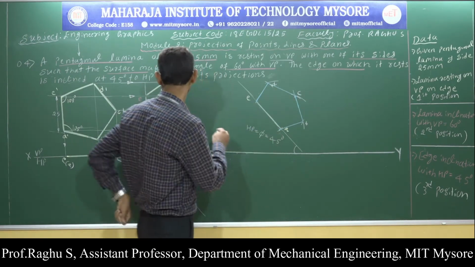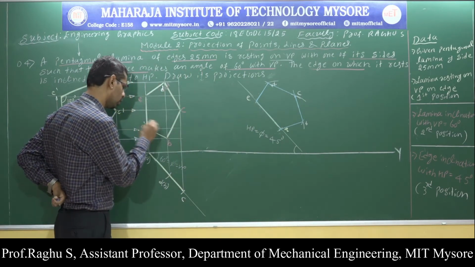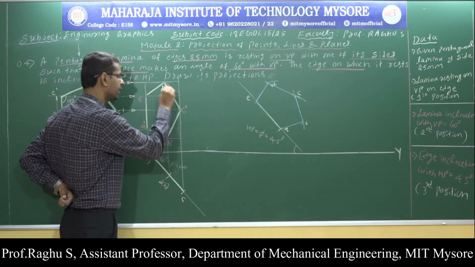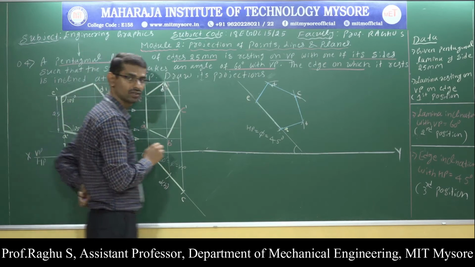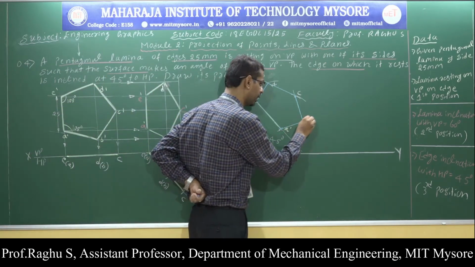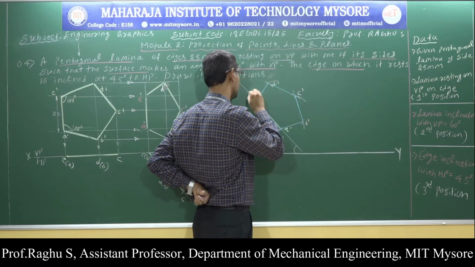Since it is the front view, write the namings as A dash, B dash, C dash, D dash and E dash.